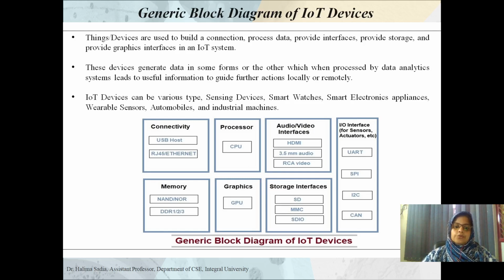Next we have SPI in the generic block diagram. SPI stands for Serial Peripheral Interface. It is an interface bus which is commonly used to send the data between microcontrollers and small peripherals.